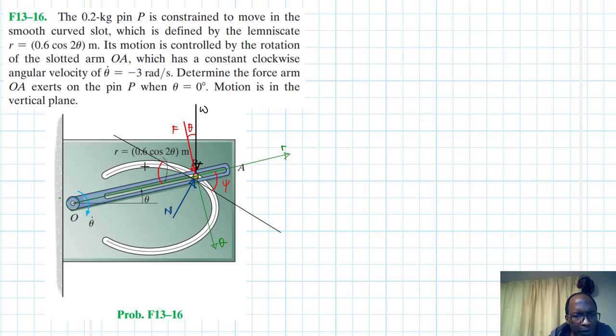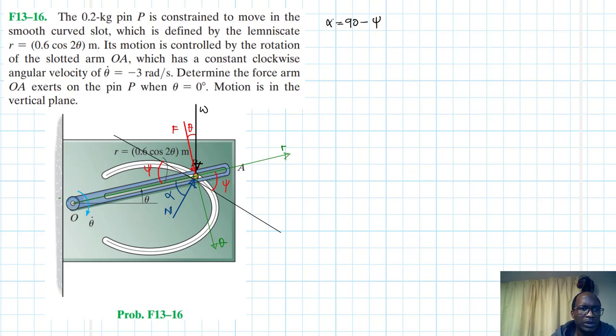Therefore this one here we are going to call alpha. Our alpha will be nothing but equal to 90 minus psi. Yes, great, so this one is all right.